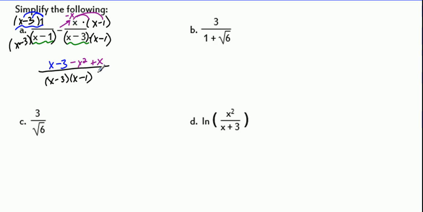The negative x times x gives negative x squared, and the negative x times the negative 1 turns into plus x. Then this becomes, let's put my chain of equals here, negative x squared plus 2x minus 3 over x minus 3, x minus 1. Now, to be complete, I need to make sure that this fraction is in lowest terms, so I should think about taking the negative out of here.